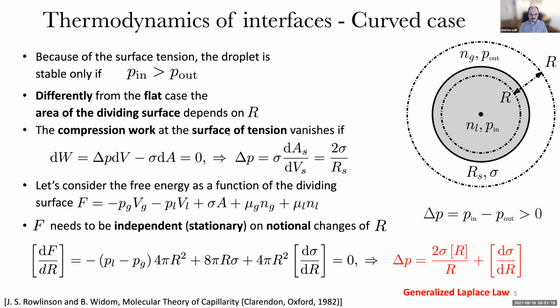Differently from the flat case, the area of the dividing surface depends on R. This is pretty evident. If we look at the vanishing of the compression work for movement of the interface, we get basically the requirement delta P dV minus sigma dA equals zero, which leads us immediately to the well-known Laplace law that many people in the lattice Boltzmann community know very well.